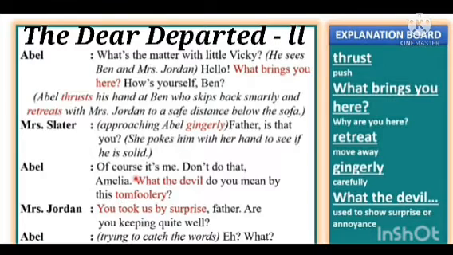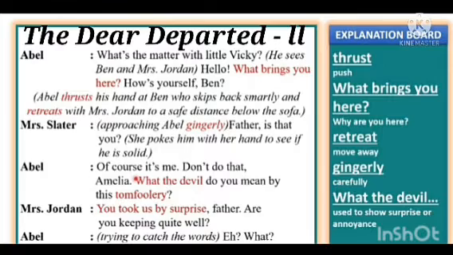Abel points his hand at Ben, who moves back smartly and moves away with Jordan to a safe distance. And Mrs. Slater approaches Abel gingerly: "Father, is that you?"